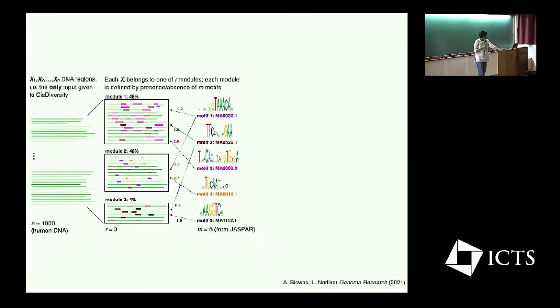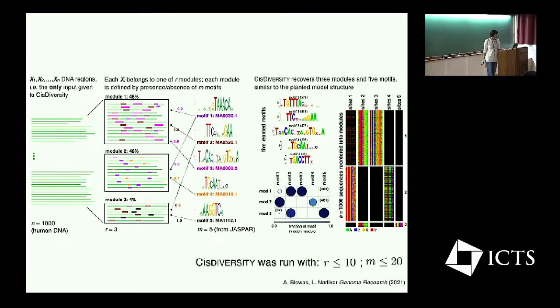Very quickly, here is what it does in simulated data. We have our DNA. We plant 3 modules, which are a combination across 5 motifs. It's all planted, and cis diversity is able to recover all of them.